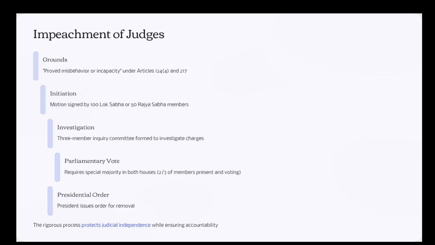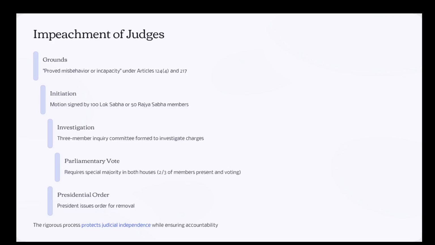So impeachment of judges. Grounds: proved misbehavior or incapacity, Articles 124(4) and 217. Initiation: a motion signed by 100 Lok Sabha or 50 Rajya Sabha members.